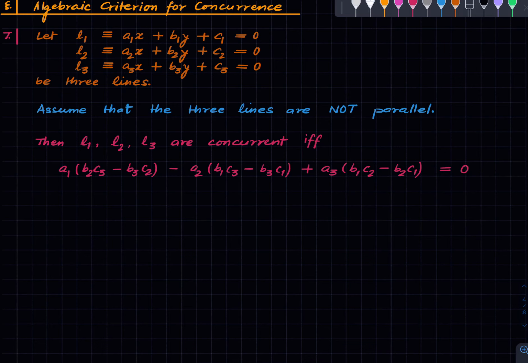The main intuitive ideas should be available to you regardless. Before we continue to the proof, let me just comment that this expression here is actually the determinant of the following matrix. So you make this matrix and take the determinant.